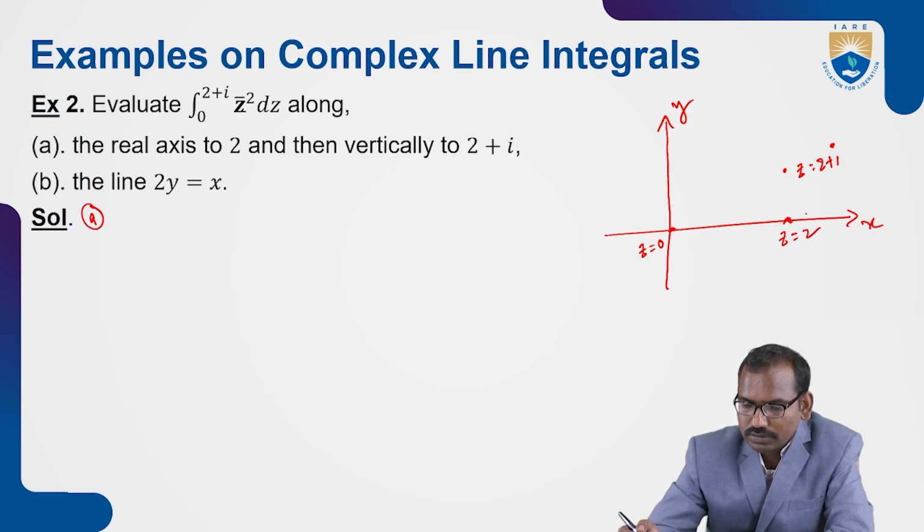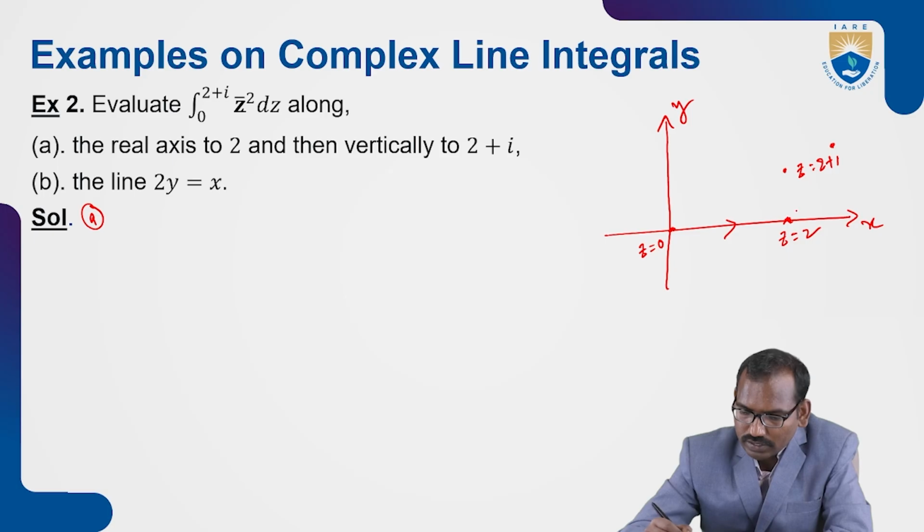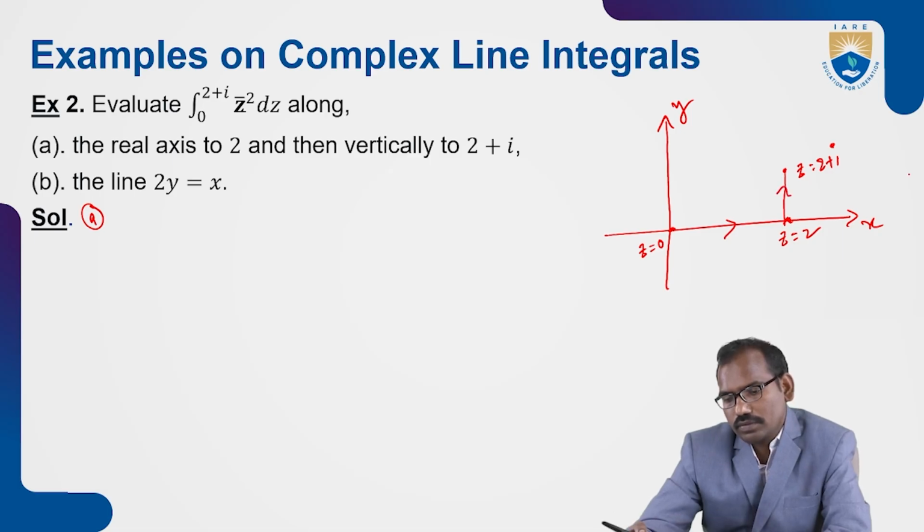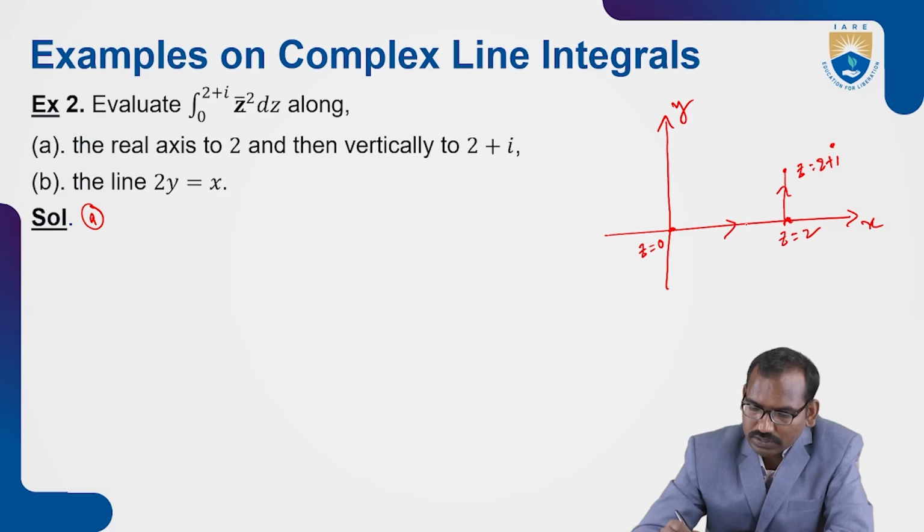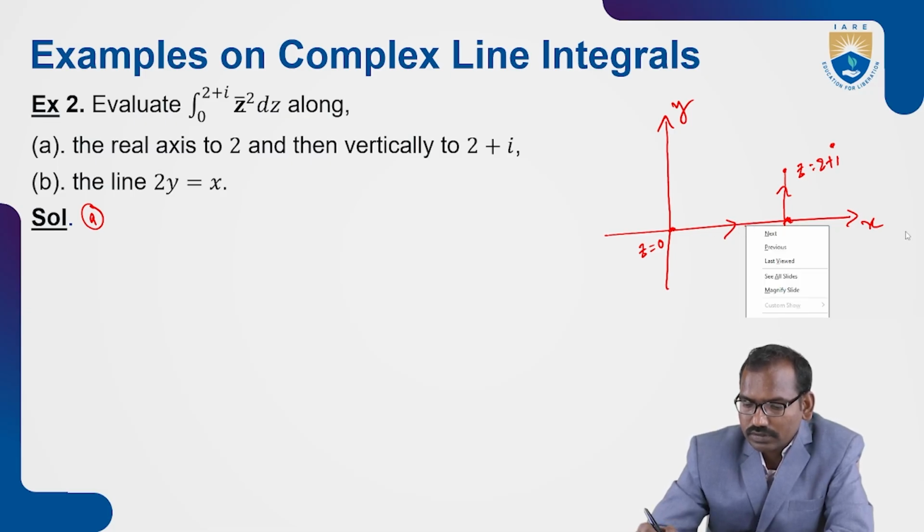This is z equal to 2. We have to perform integration like this. We need to move from z equal to 0 to z equal to 2, and then from 2 to 2 plus i. So what is the name of this curve?